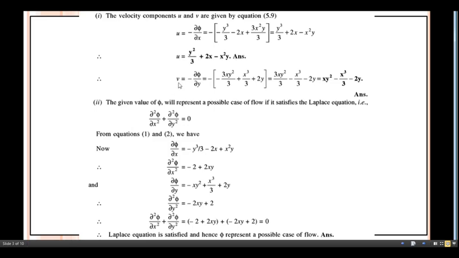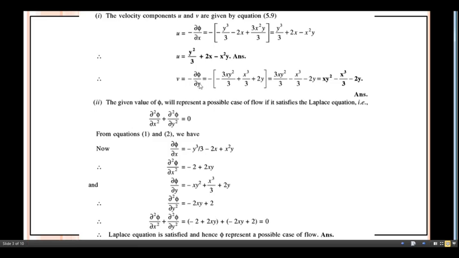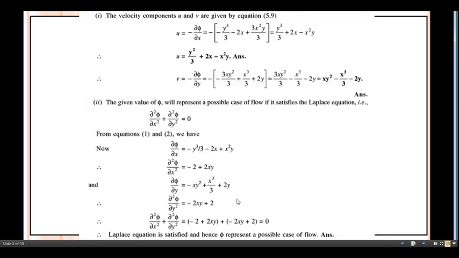What about the velocity component along the y direction? That is v equals minus ∂phi/∂y. Let's substitute the value for ∂phi/∂y here. That term is already with us. Just substitute it here, with the minus sign outside of the bracket.